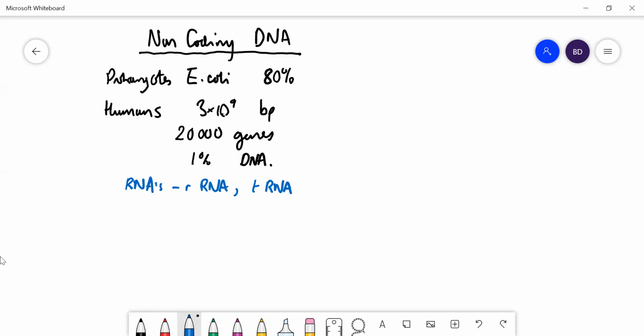Now, when we look at this value of 20,000 genes, the human genome is, of course, entirely sequenced now. And what people have done is they have used computers to search the sequence for so-called open reading frames. An open reading frame is something that codes for a protein.